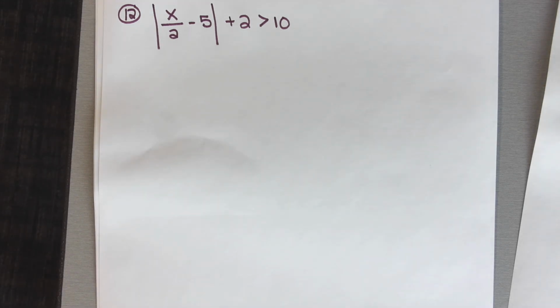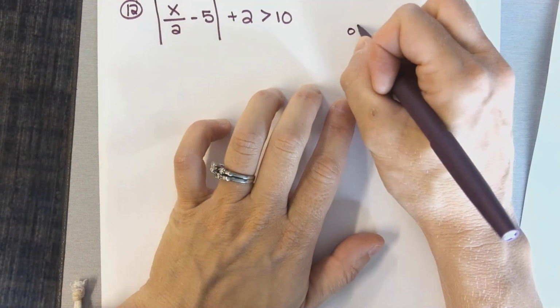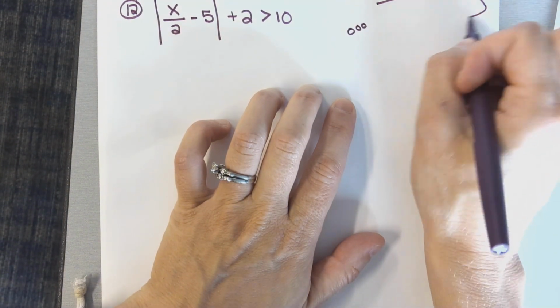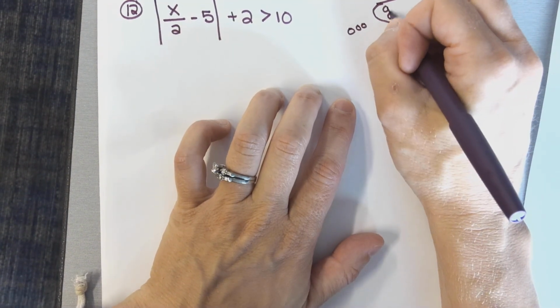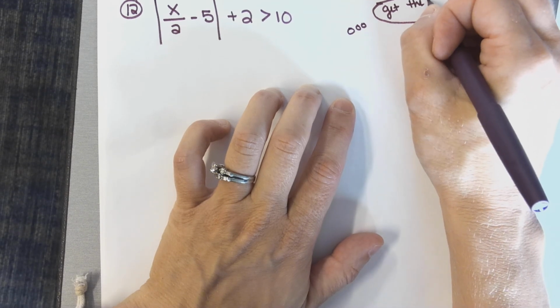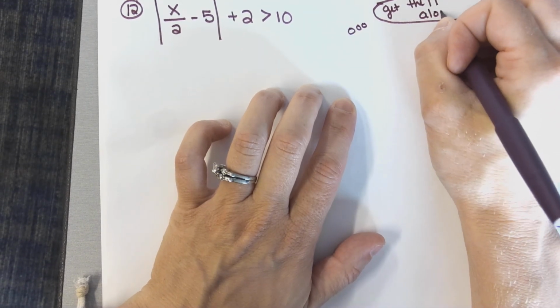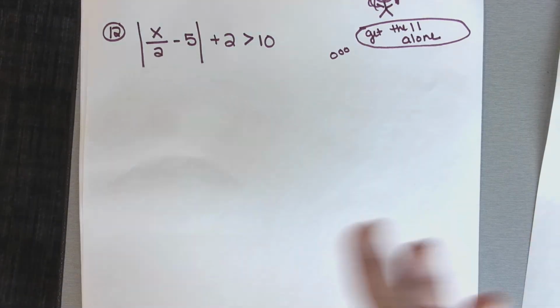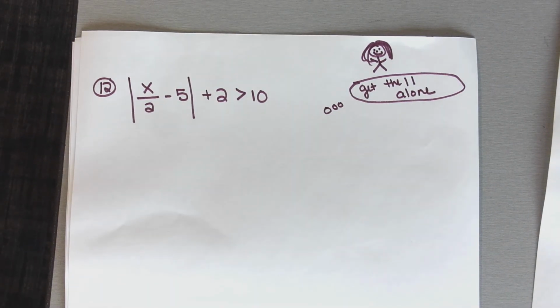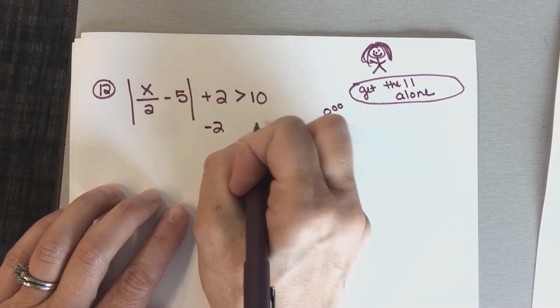Okay. Get the absolute value alone. Here's my thought bubble. My thought bubble is get the absolute value alone. Alright, it's not alone, right? What should I do? Subtract 2.